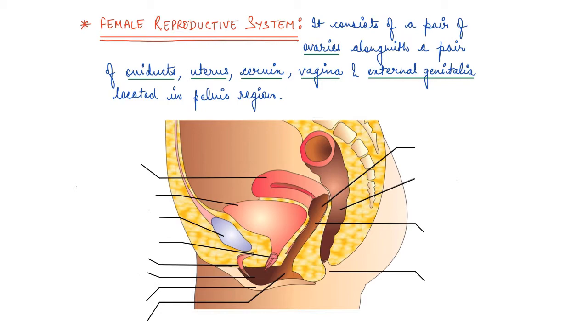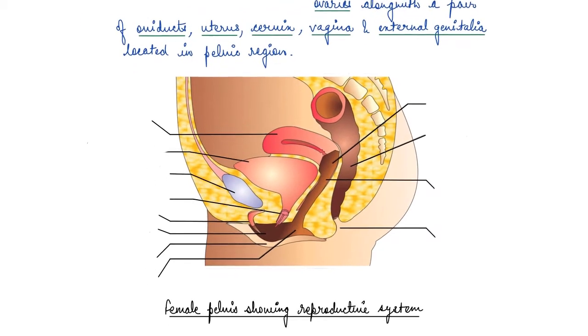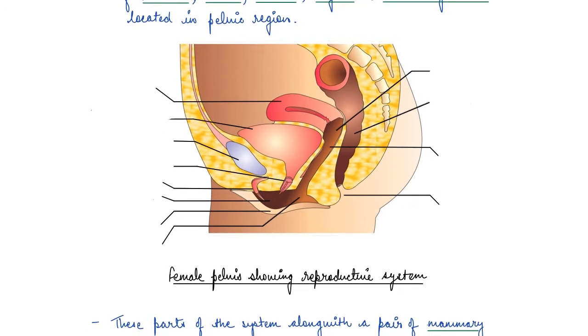So let's first see the female pelvis, which has the reproductive system, and its basic structure. This diagram that you see is the female pelvis showing the female reproductive system, right? So you have this region as the uterus.